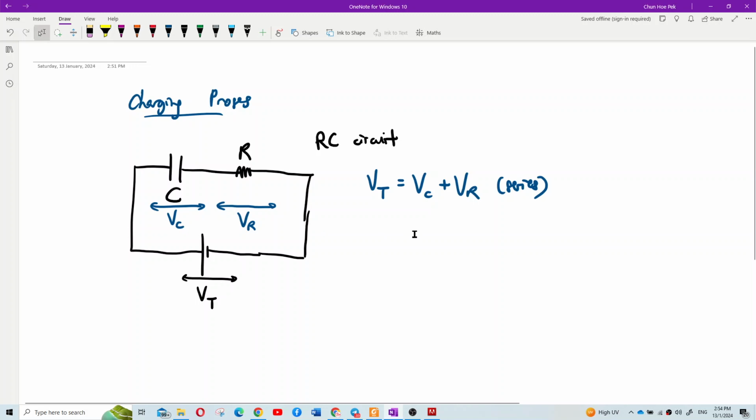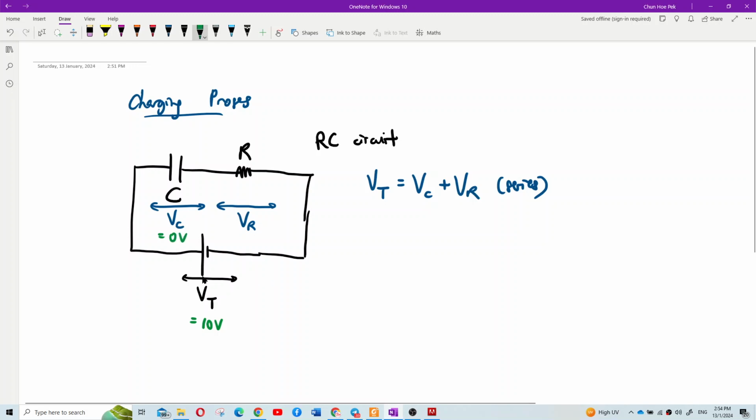Okay? And initially we can say, let's say initial voltage is 10 volt. Yeah, 10 volt. Initially, the capacitor is neutral, uncharged, not charged at all. So across the capacitor, initially it is 0 volt.